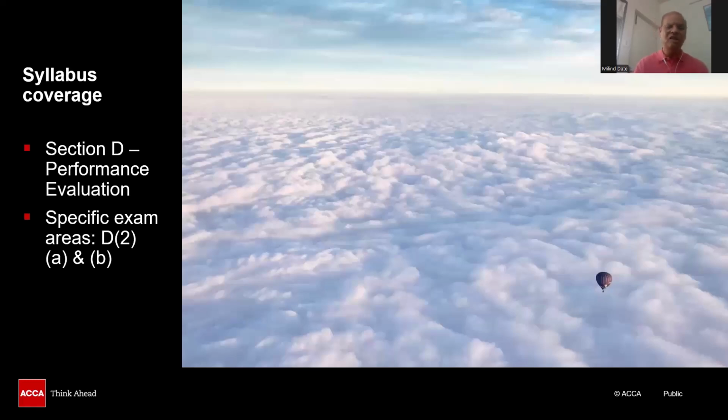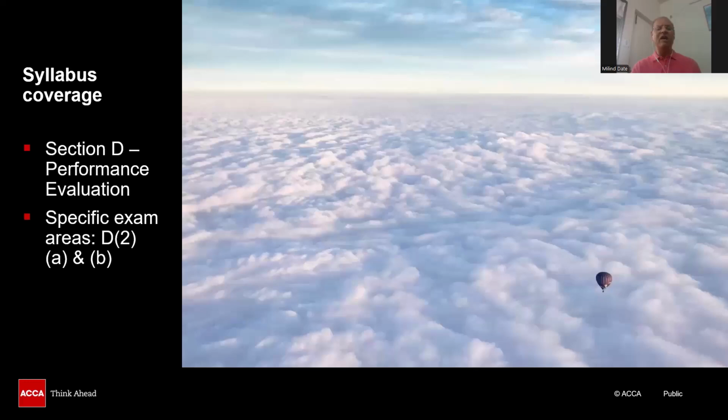The first learning objective related to this area is to discuss problems encountered by an organization related to planning, controlling, and measuring of performance. And the second area specifically talks about the business model issues, which I enlisted a few minutes ago.